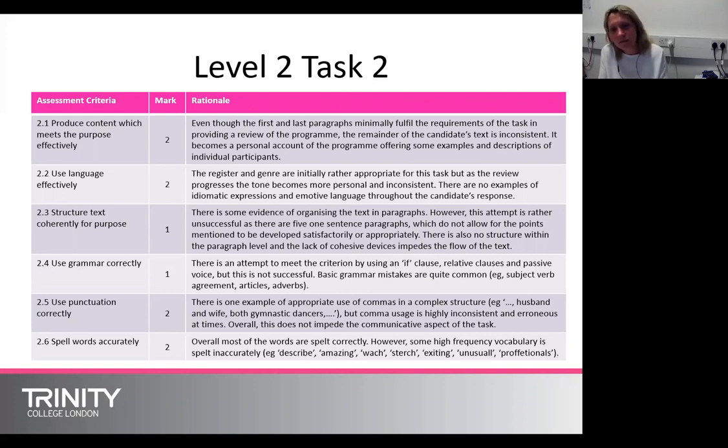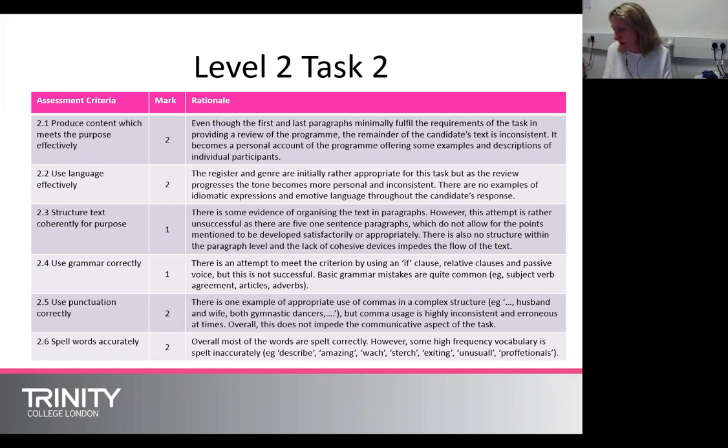So in terms of the accuracy, the 2.6 amplification asks for appropriate special interest vocabulary, including technical words, wide range of common collocations, idioms, colloquialisms. So there's quite a list of items expected. Again, this is met minimally.